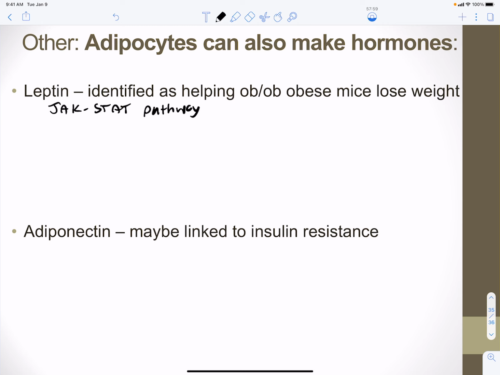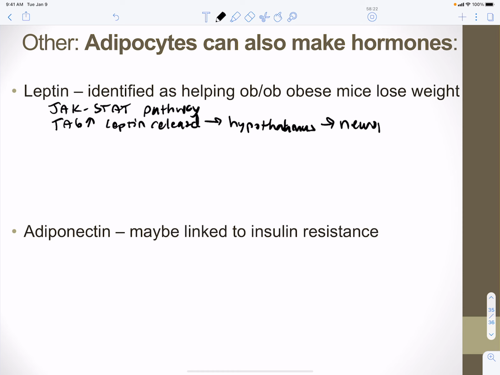It's going to be released as your TAG levels increase. So when TAGs increase, leptin is released. It's going to bind to your receptors in your hypothalamus. And then your hypothalamus will release neuropeptides. And this causes cessation in eating.